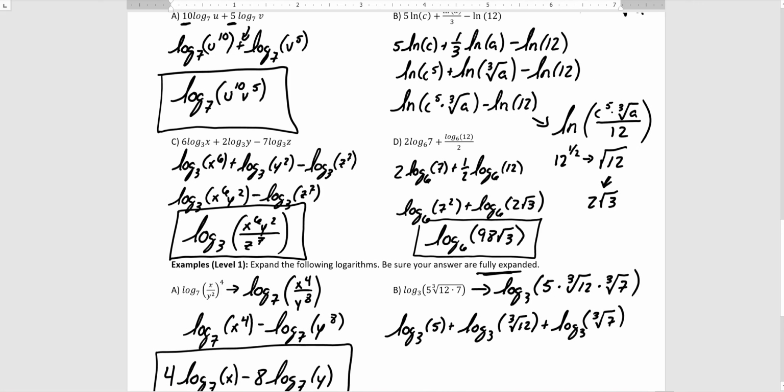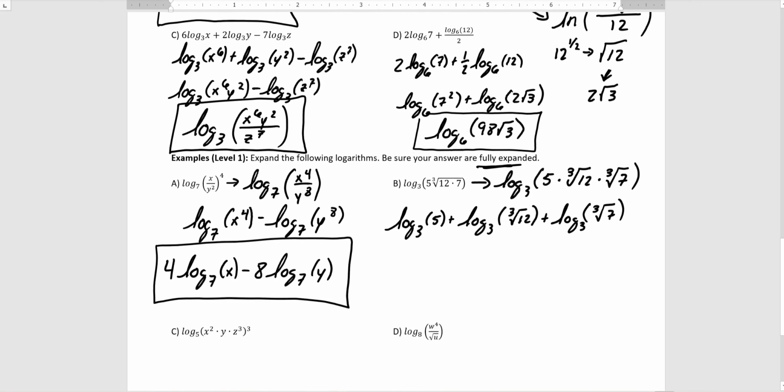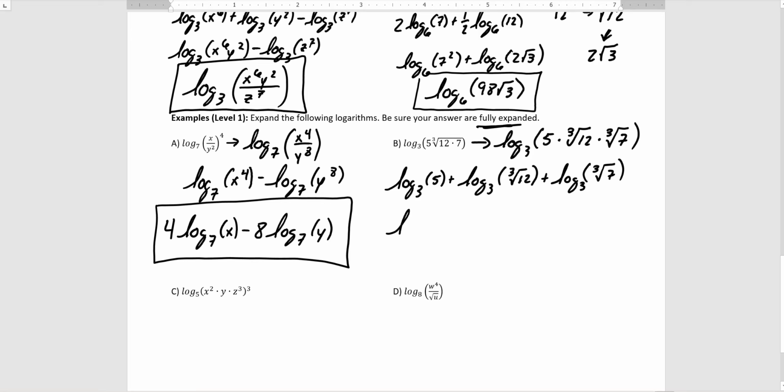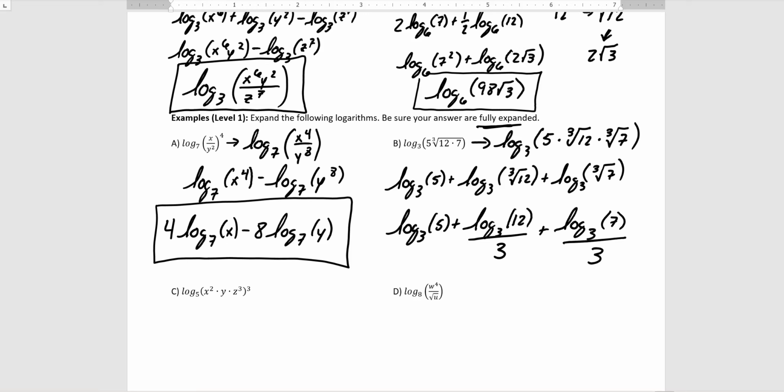When we had a cube root, it becomes over 3. So my final answer here is going to be log base 3 of 5 plus log base 3 of 12 over 3 plus log base 3 of 7 over 3. Notice the only thing in those arguments are the values. Everything's outside. We're looking good from there.